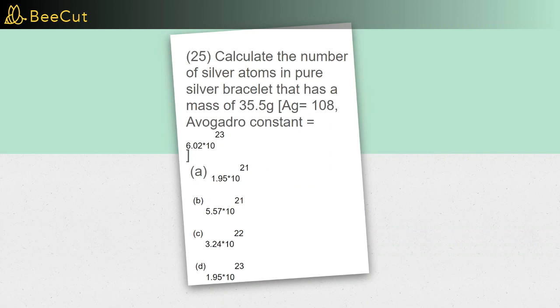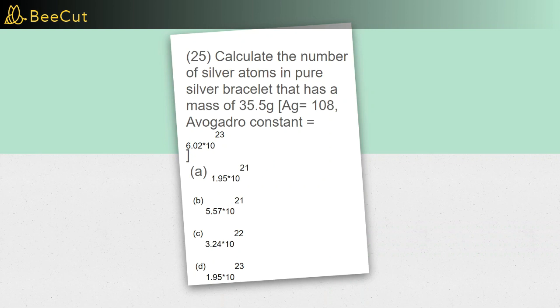Number 25 question. Calculate the number of silver atoms in a pure silver bracelet that has a mass of 35.5 grams. Silver mass number is 108. Avogadro's constant is 6.02 times 10 raised to power 23.